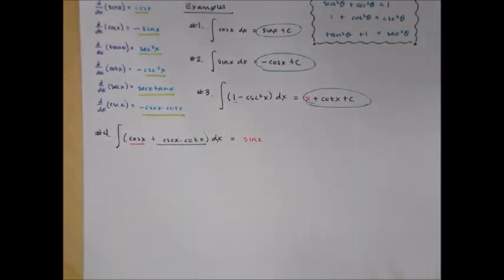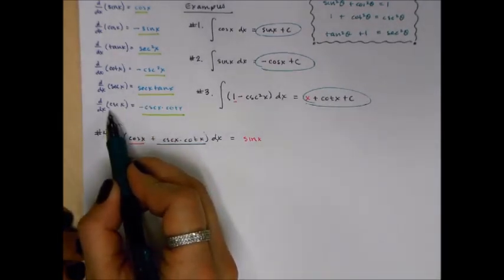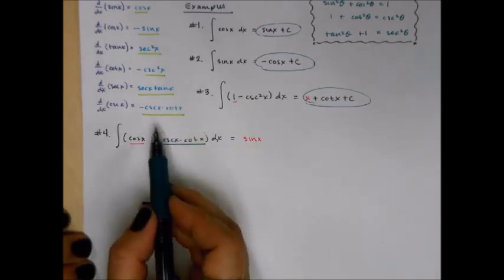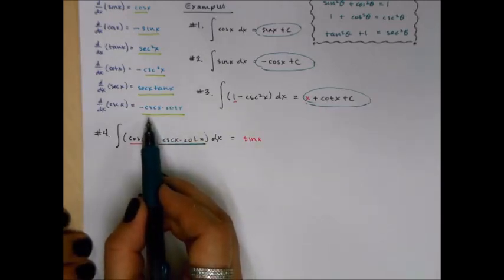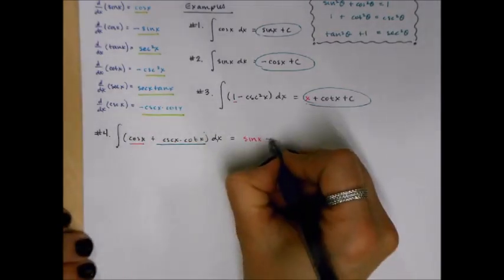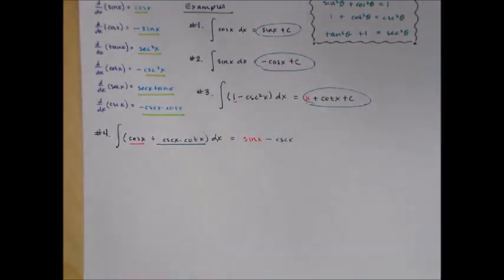So it would make sense that the derivative of negative cosecant would be positive cosecant cotangent. Remember, if the negative is not here, then it must reside on the original function. So it's going to become minus cosecant x. So that's our second piece, and then we'll add c.